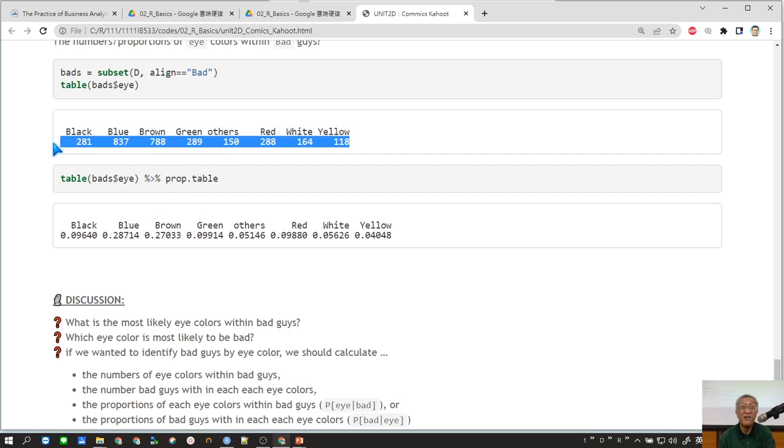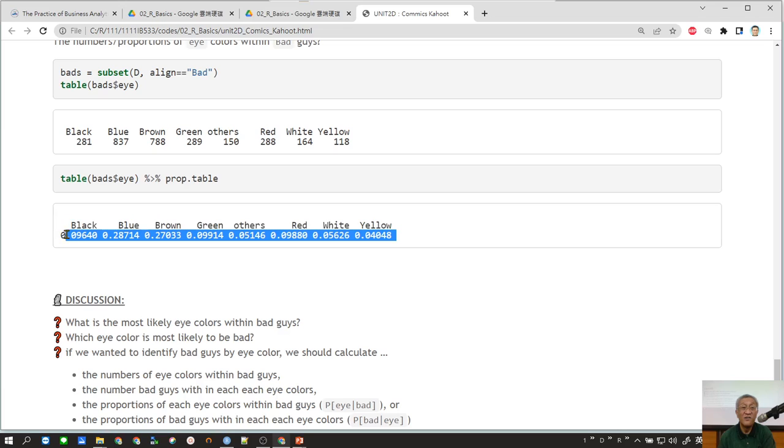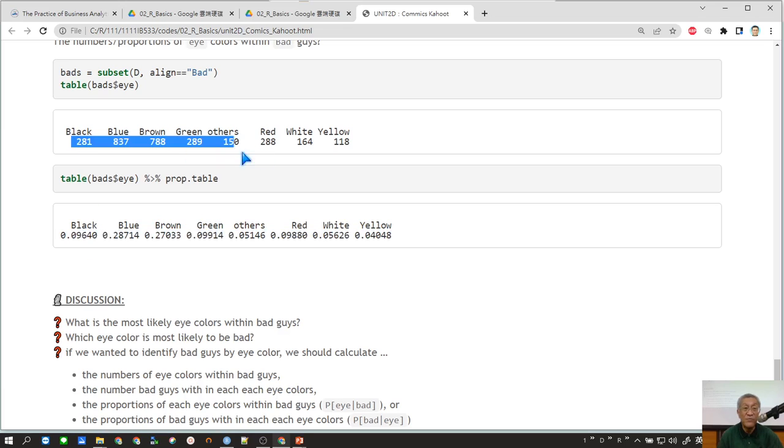So when we add the proportions, it will always be equal to 1. The reason is that the proportion uses the total number of bad guys as the denominator, right? Because the denominator is the sum, if you add them up, they equal 1, right? That's the logic, right? Okay.